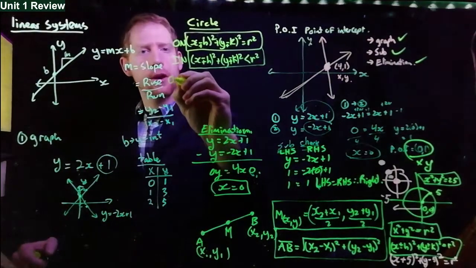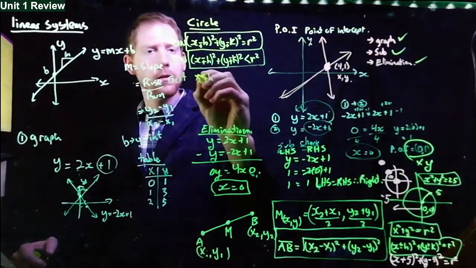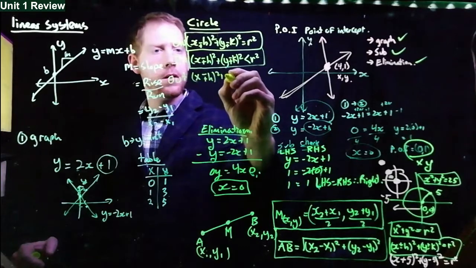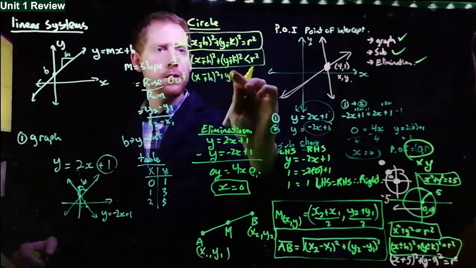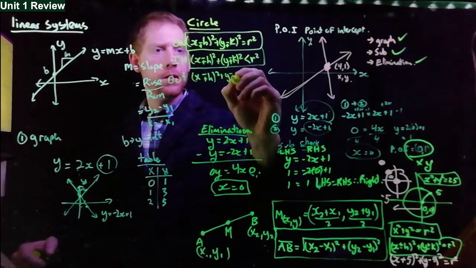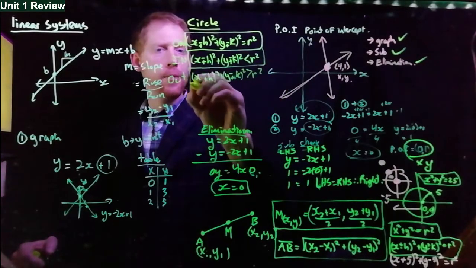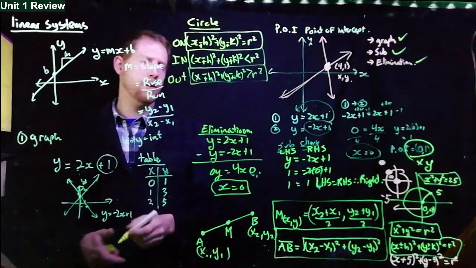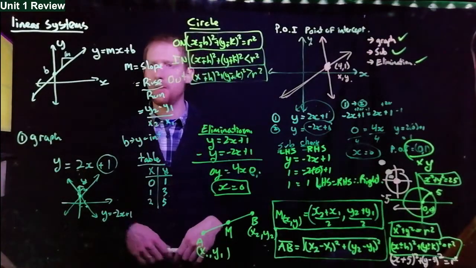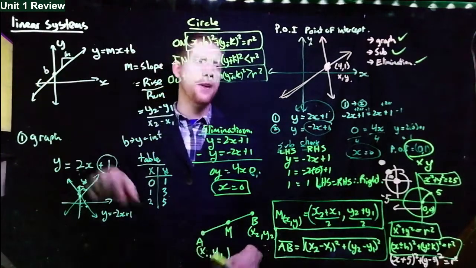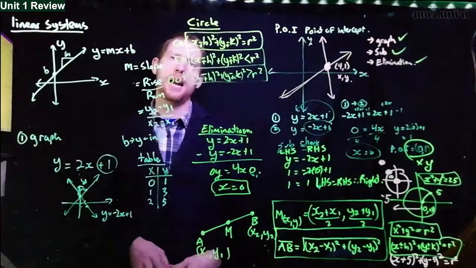And then the last one was outside. If it's greater than the distance from that point, if it's bigger than the radius, then that's outside. Okay, so that's all the things that we studied about linear lines. You should be able to graph, solve for it, midpoints, distance, and circles.